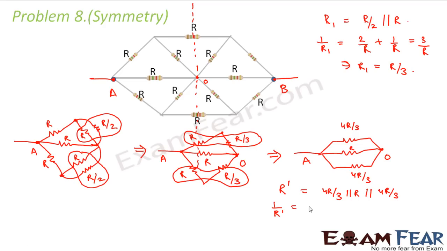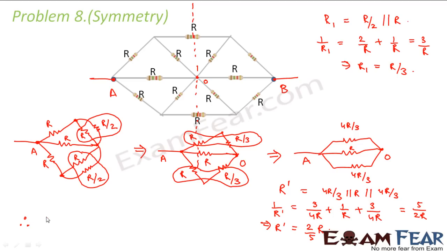Therefore 1 by R dash will be equal to 3 by 4R plus 1 by R plus 3 by 4R. So this comes out to be 5 by 2R. Therefore, R dash comes out to be 2R by 5. So this is the value of equivalent resistance of half of this circuit.